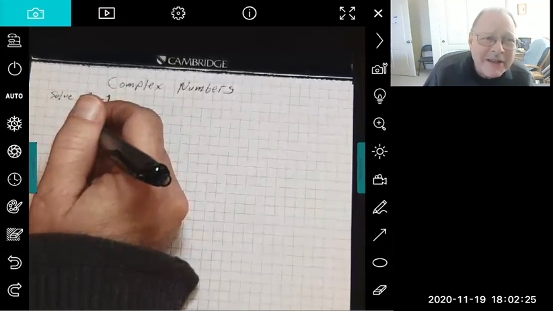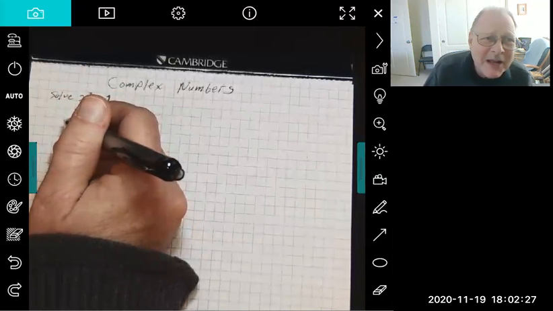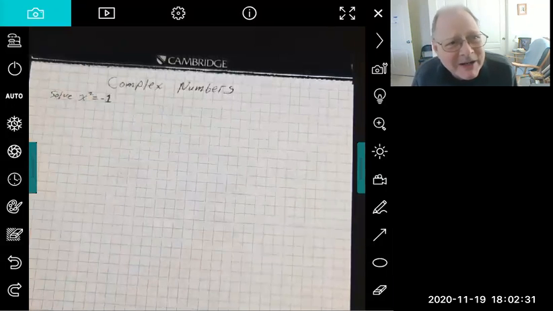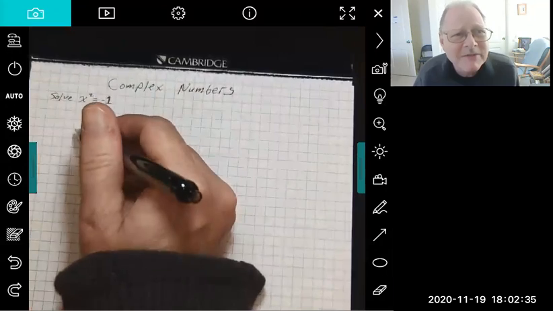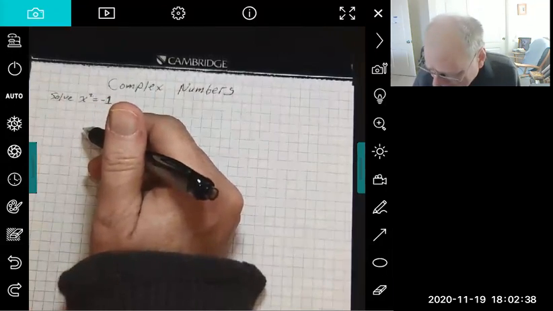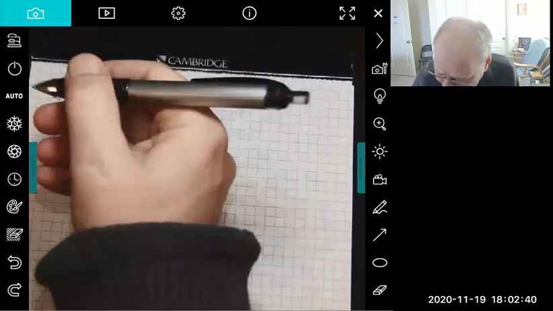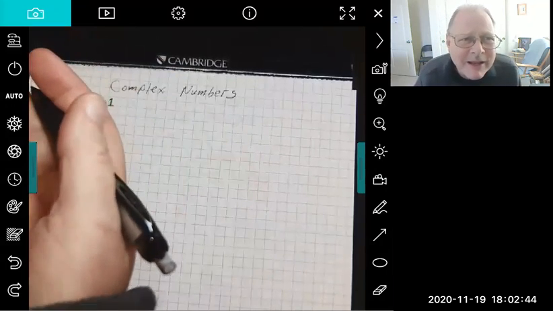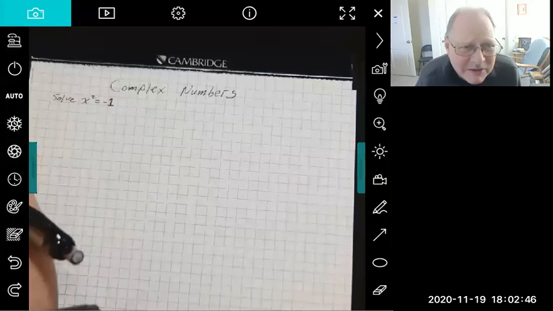Obviously, if you take any of the numbers you're familiar with, 5 times 5 or 7 times 7 or whatever, you take a number and square it, even -2 times -2, you still get a positive number. So with the concept of numbers that they had available at the time, there was no solution.